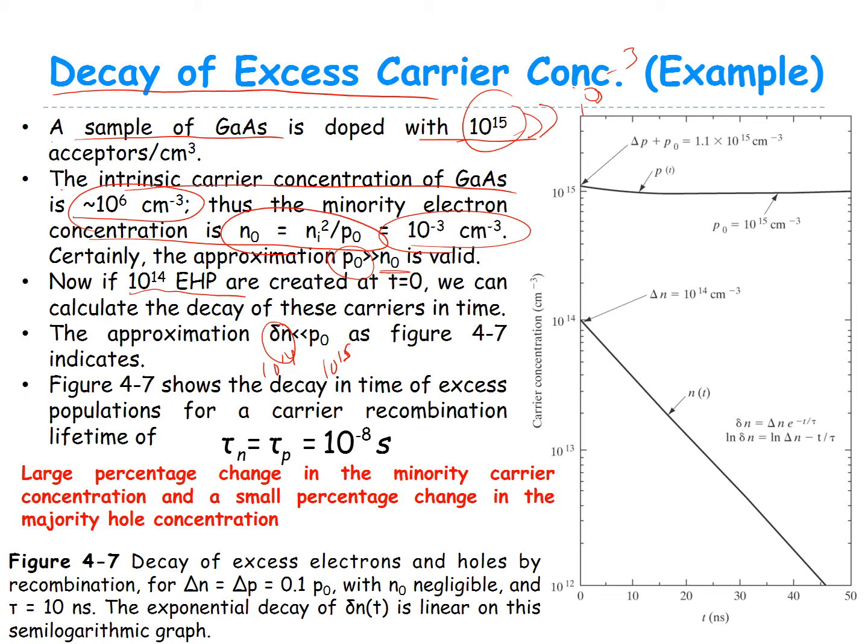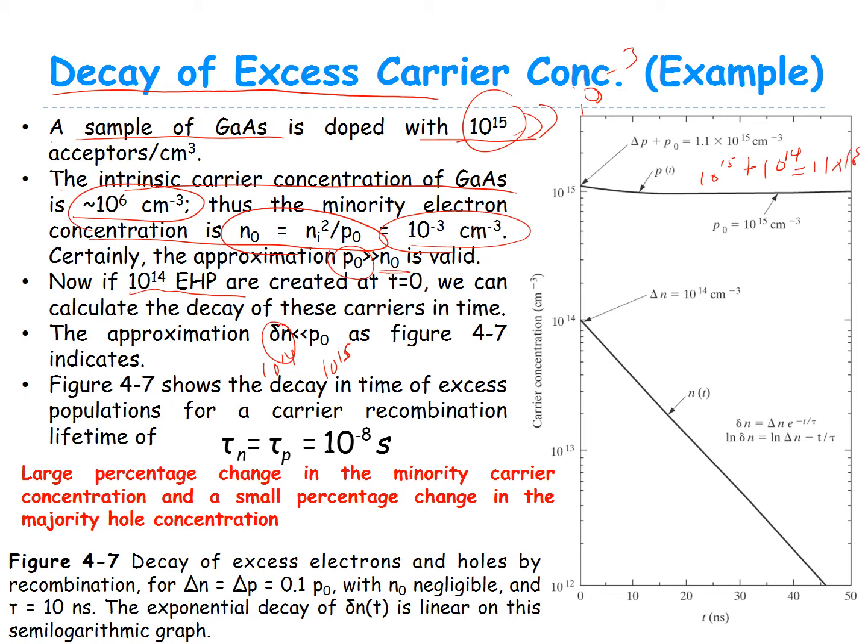Now, figure 4.7 shows the decay in time of excess populations for a carrier recombination lifetime of 10 to the power minus 8 seconds. So we can see that if we have excess carriers, the hole concentration is not going to increase much, because it's just going to be 10 to the 15 plus 10 to the 14, which is equal to 1.1 times 10 to the 15.